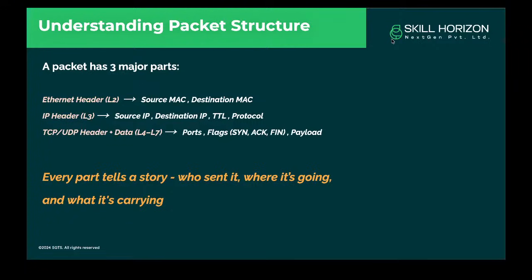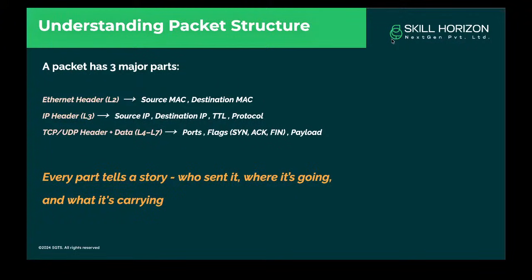Then the packet structure, which I already told you about. A particular packet has three major parts: the Ethernet header in the L2 layer, which contains the MAC addresses, source and destination MAC. The layer 3 IP header, which contains the source IP, destination IP, TTL (time to live), and protocol.